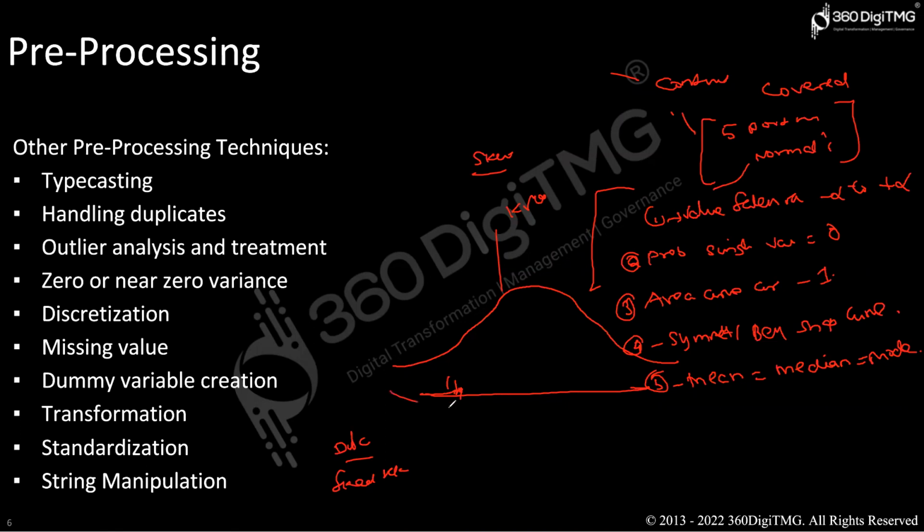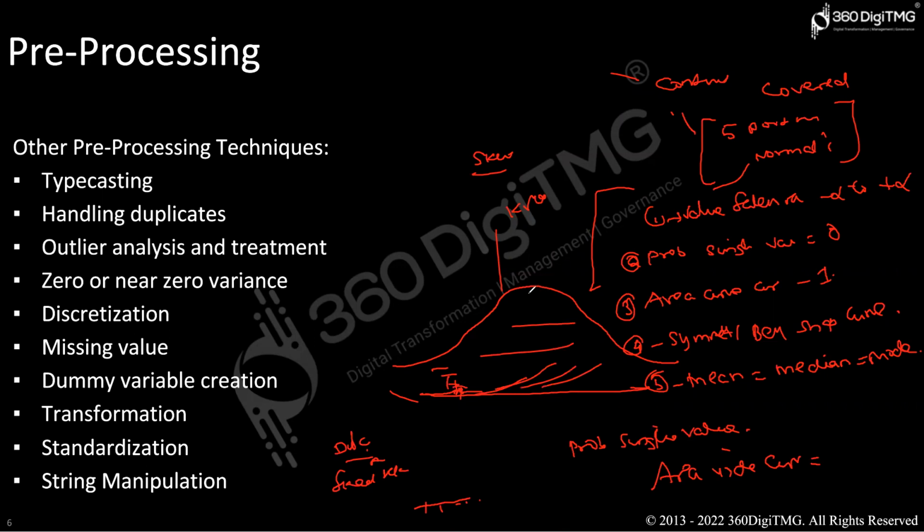So when your data is discrete, there is a fixed set of values, so the value has been fixed. But when it comes to the probability of a single value, with area under the curve, that means we are doing the calculation for every value.